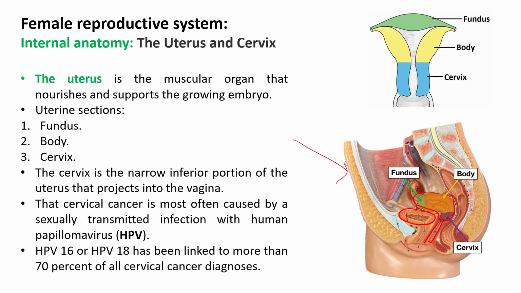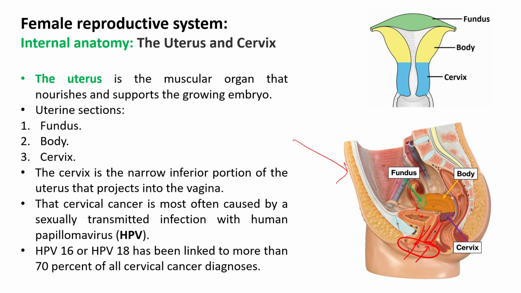So this is the bladder, and we have the urethra, and of course this is the vulva. We just said that we have labia majora, labia minora, and the urethral opening is superior to the vaginal opening. So that makes sense. That's the first thing.